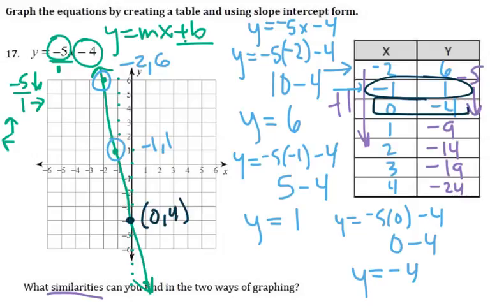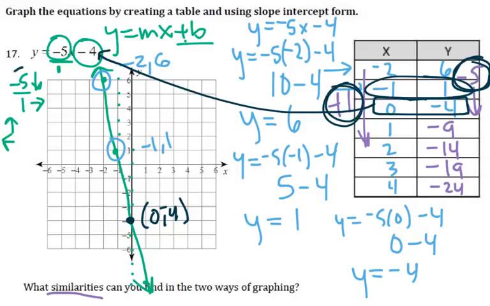We see the y-intercept right here, don't we? We see that negative 4 number right there. Also look at this growth, negative 5 over positive 1. That's slope. So hopefully those are a bunch of similarities that you can see between those. Because they are connected.